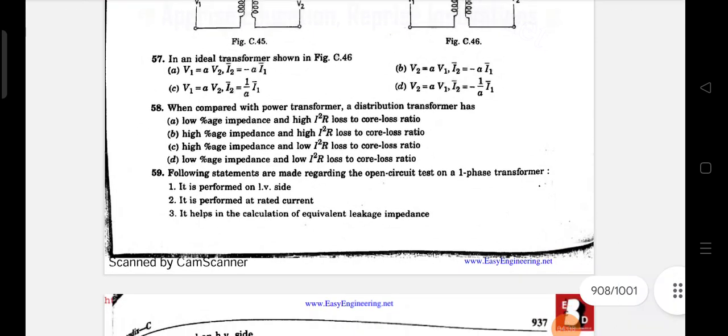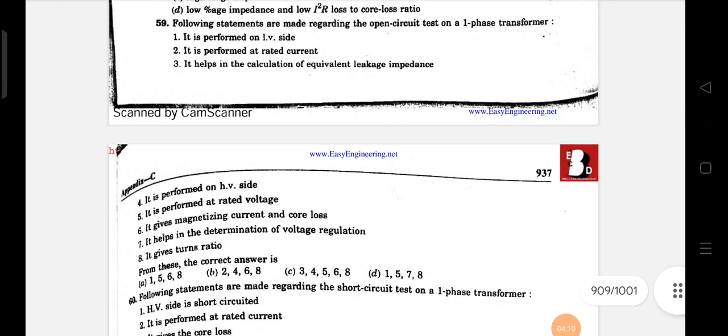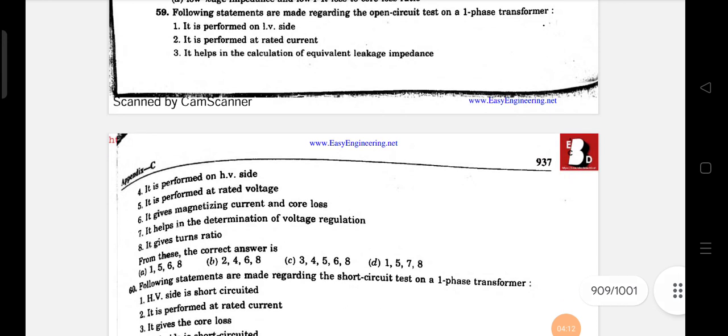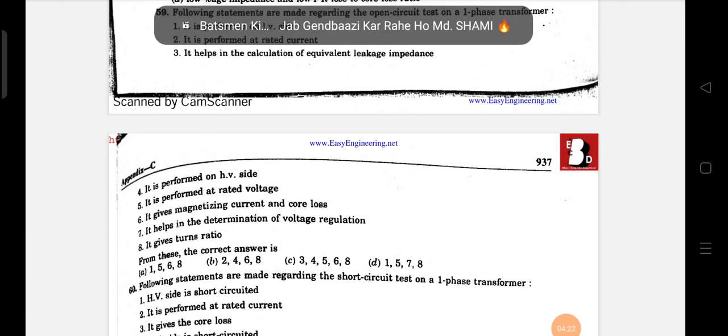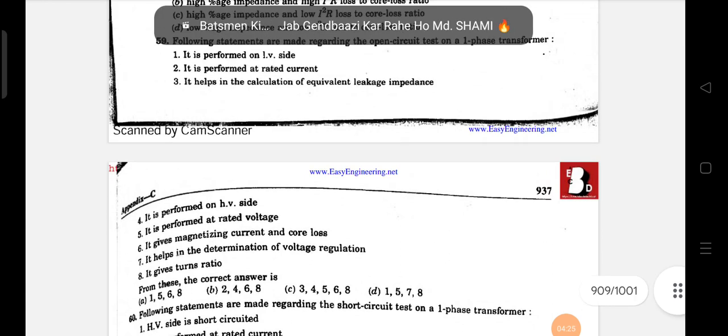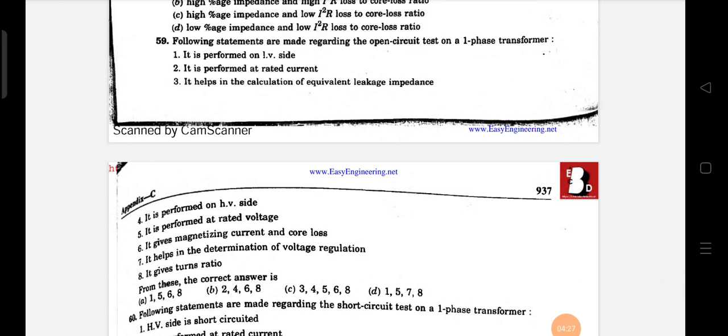Next, the 59th question. The following statements are made regarding the open circuit test on a single phase transformer. Now see here from the given options: it is performed on the LV side.